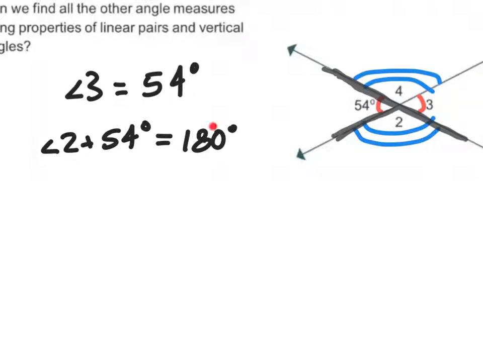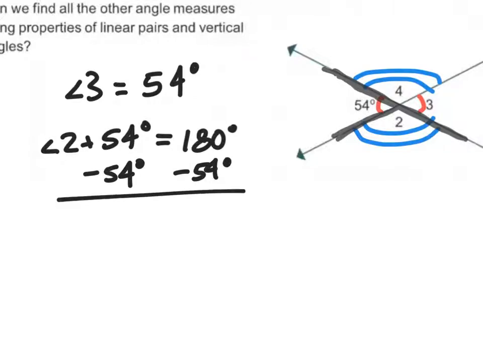This is the equation I set up. Then I can solve for angle 2 by subtracting 54 degrees from both sides, and we get that angle 2 is equal to 126 degrees.